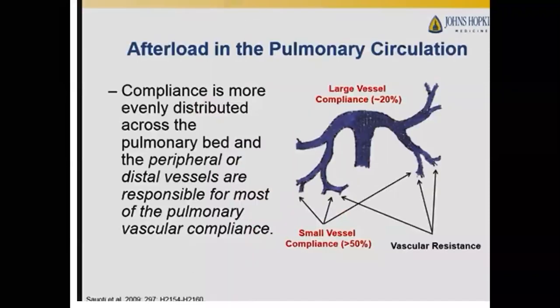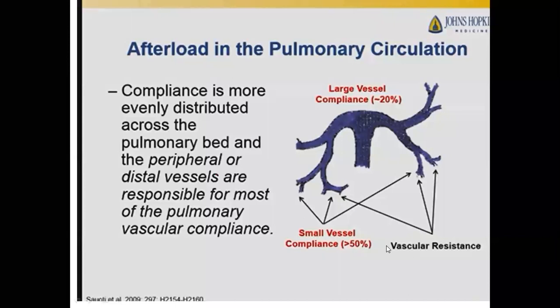What occurs on the right side in the pulmonary circulation? One thing, it occupies a small area in the body. And the other thing, when you see the vessel characteristics, the large vessel compliance is only 20% in the pulmonary circulation. So minute pressure change can impact the RV. The small vessels are critically responsible for the compliance.